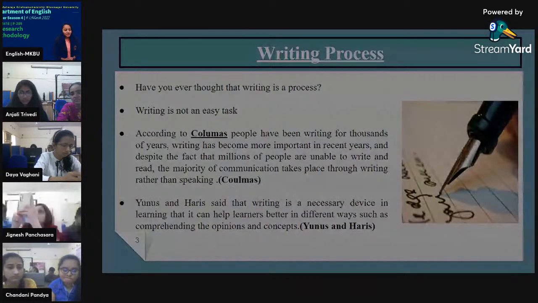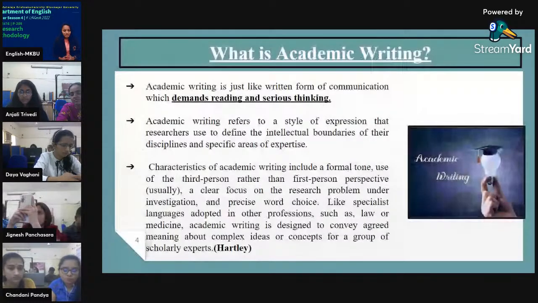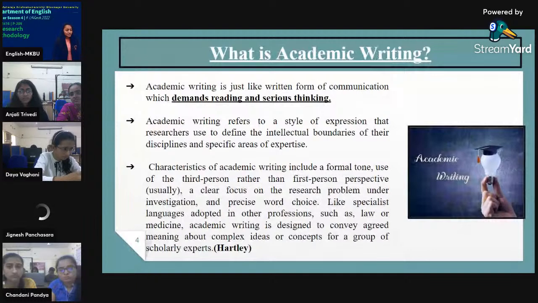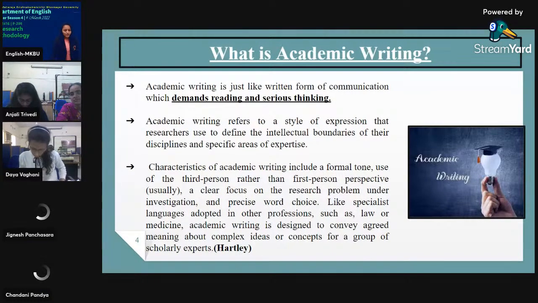Then what is academic writing? Academic writing is a form of written communication which demands reading and serious thinking. Without thinking and reading, we are not able to do the best academic writing. Academic writing refers to a style of expression that researchers use to define the intellectual boundaries of their disciplines and specific areas of expertise.